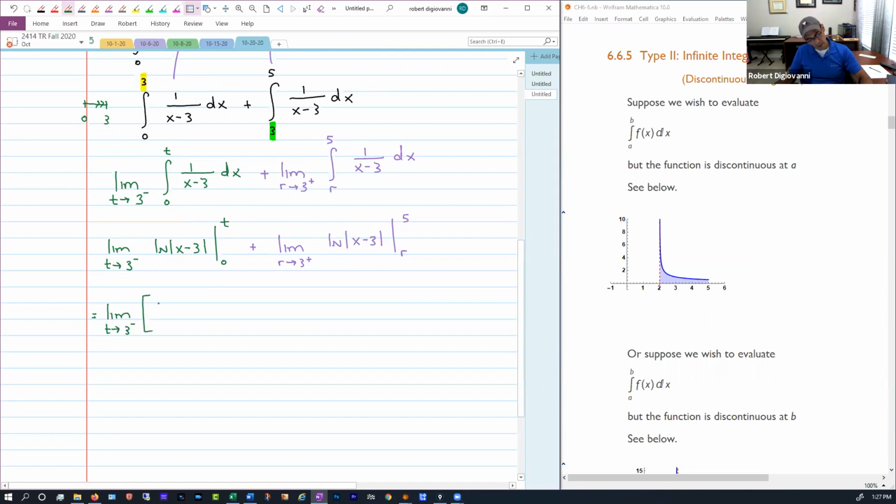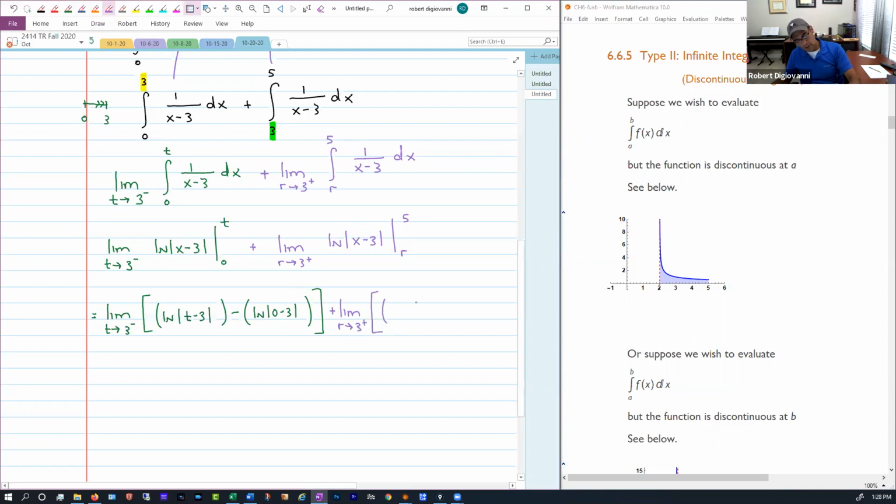Okay, now I get to plug in two things here. So first I plug in t, natural log absolute value of t minus 3. And then I plug in 0, natural log of 0 minus 3, absolute value. Let me do the other one. Limit r approaches 3 from the right.